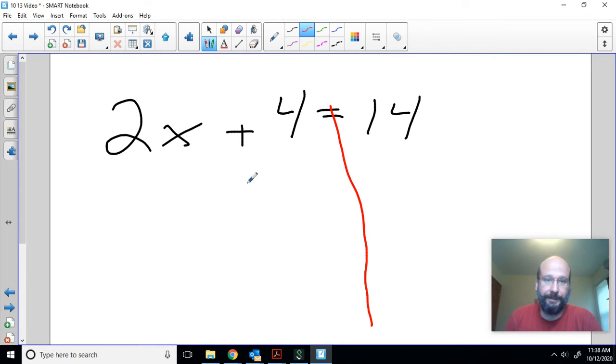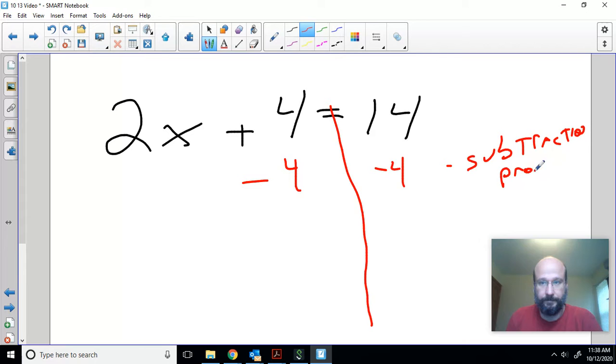And so the first step here would be subtract 4. And then I'm going to ask what property this is. Right? What property do you subtract on both sides? And you're going to tell me that it's the subtraction property of equality. And then I'm going to write this.